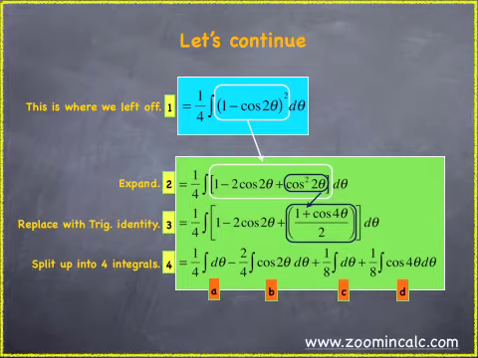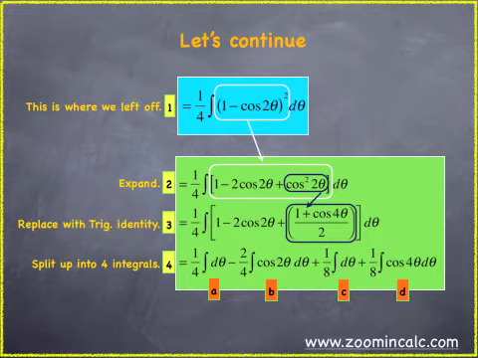You square the first term, and we have that as 1. Then you multiply the two terms together and double it, and that turns out to be minus 2 cosine of 2 theta. And then last, we square our second term, and that becomes plus cosine squared of 2 theta. And you can see all that in item 2.